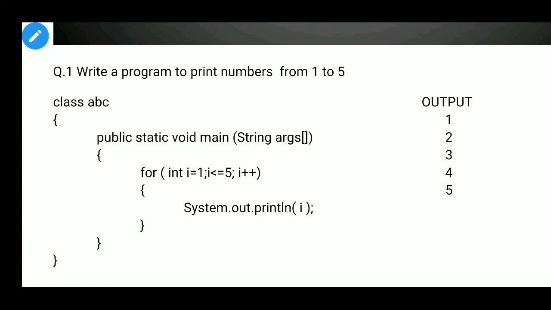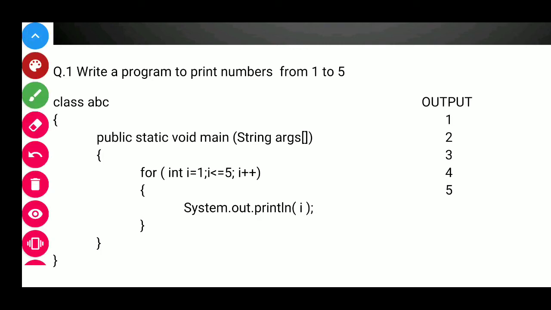Control comes first to the initialization statement. Here i is 1. The condition is the second part of the for loop, i <= 5. So 1 is less than or equal to 5, the condition is true. It will get inside the loop.